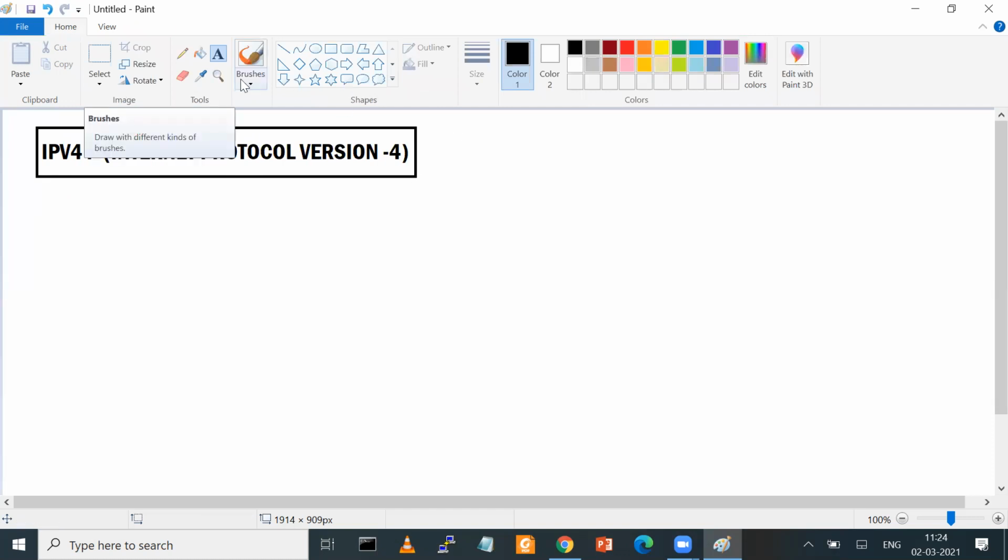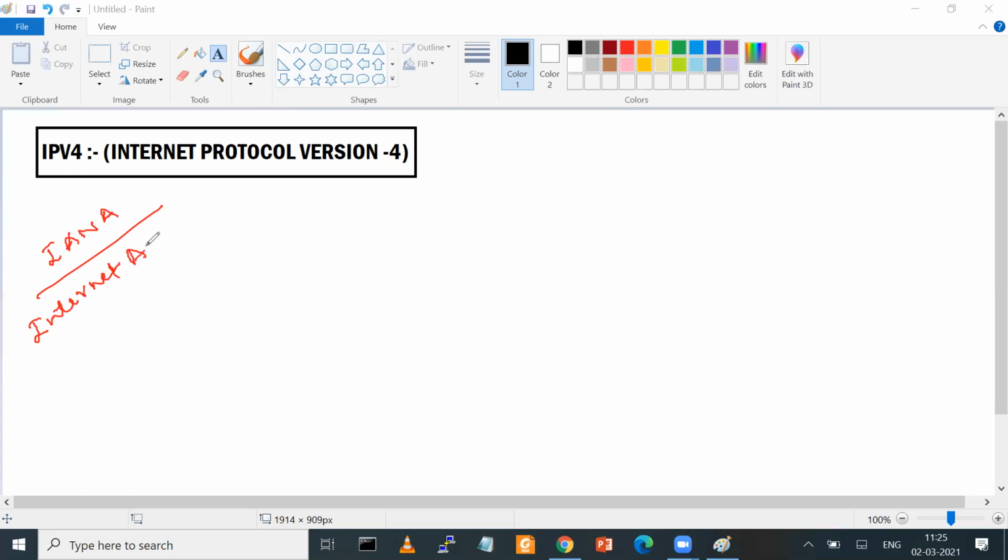IP basically, we have two versions of IP address. IP address was discovered by IANA. IANA is an organization which is Internet Assigned Numbers Authority.